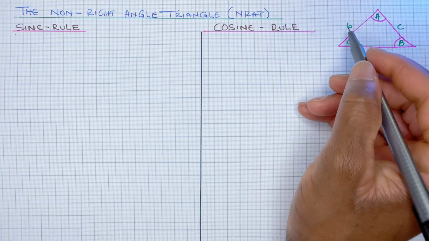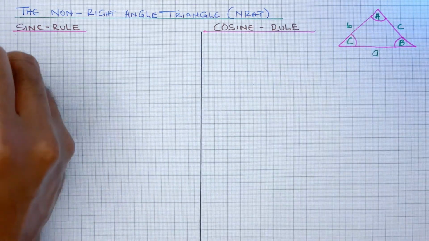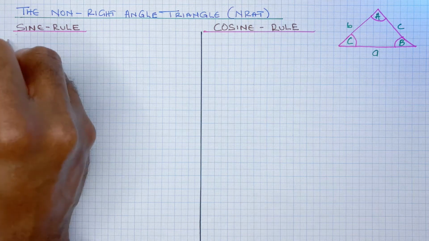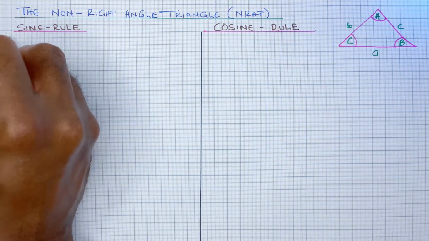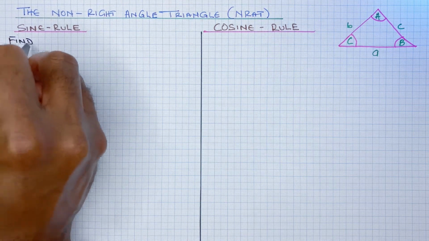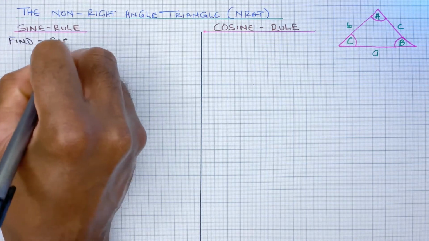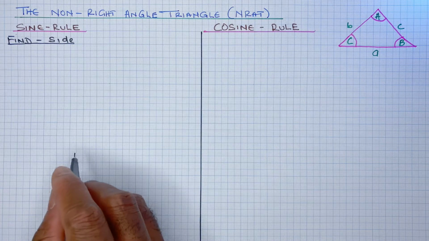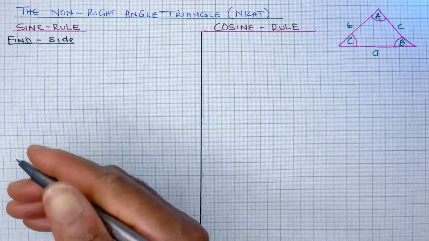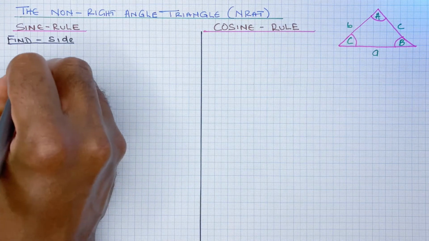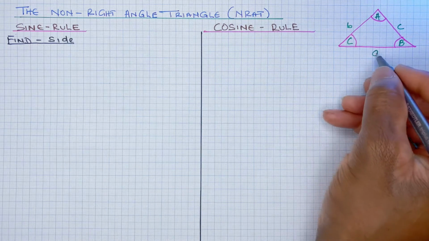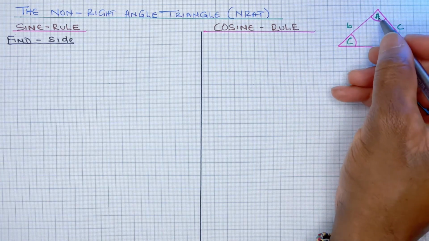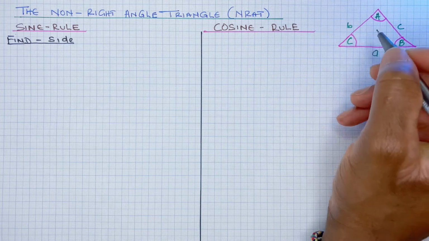If you have to find the side, you always put the side on top first. These are the sides a, b, and c. Capital A, capital B, capital C are the angles.